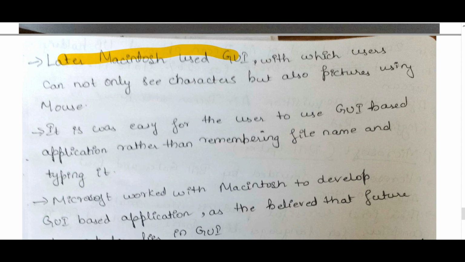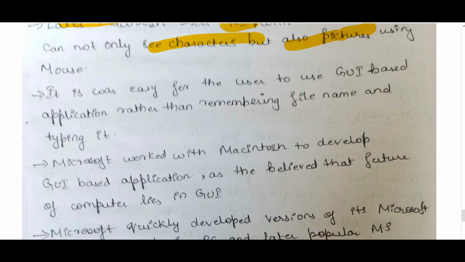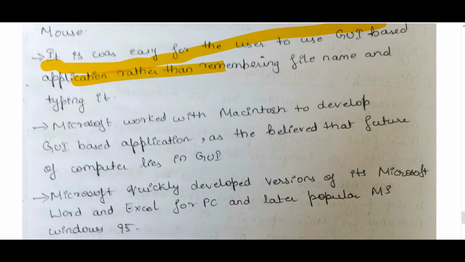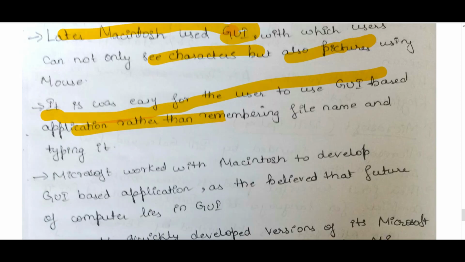He created a UI with the help of which the user can see not only characters but also pictures. It was easy for the user to use GUI-based applications, so when we compare Windows and Apple systems at that time, it was easier for customers to use Apple or Mac systems.